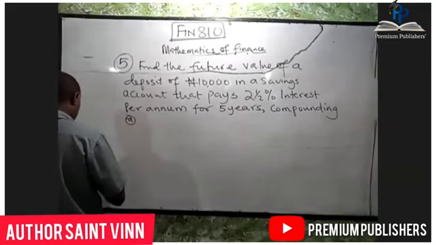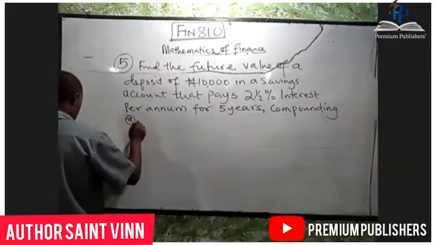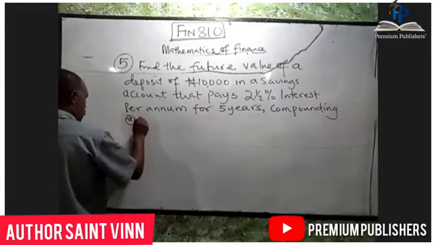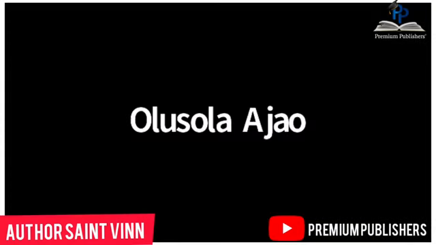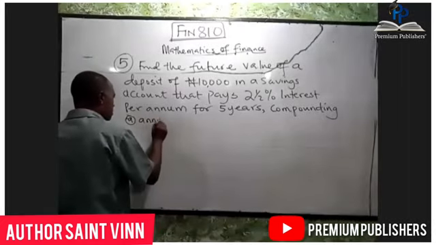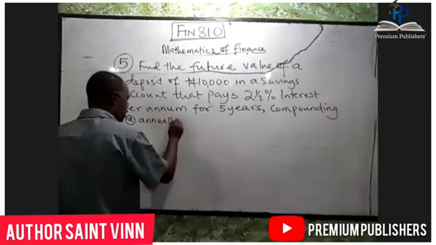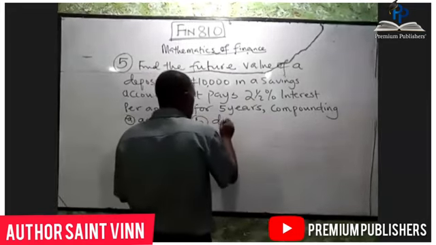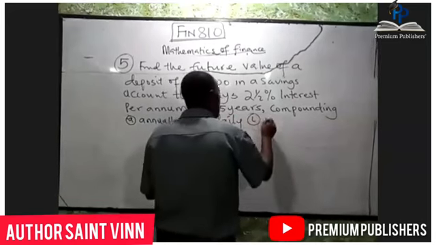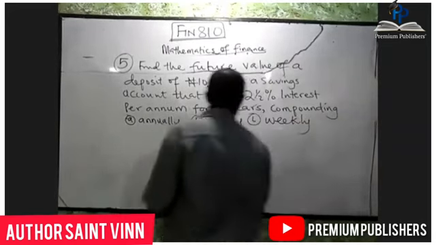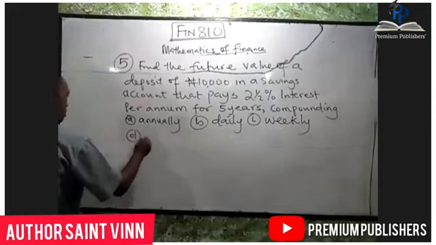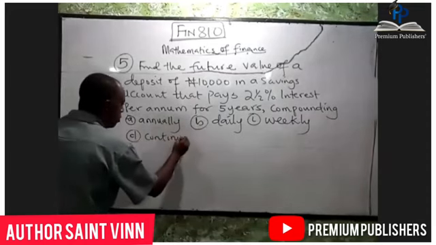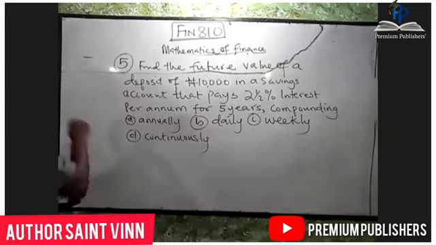Question A: annually. B: daily. C: weekly. D: continuously. Okay, let's start this so that everyone understands.